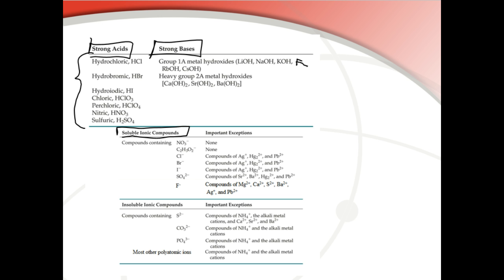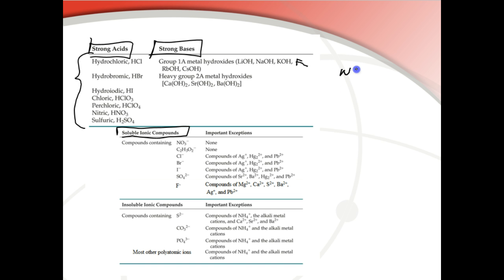Now, in order to determine if it's a soluble ionic compound or not, what we have to do is look at these solubility rules. Now, unfortunately, you are going to have to memorize the solubility rules. However, there are 6 ions that, if they're present in the ionic compound, then it will be soluble.